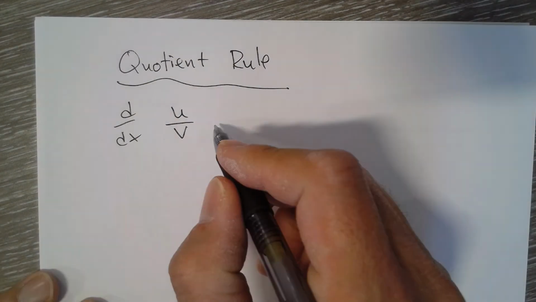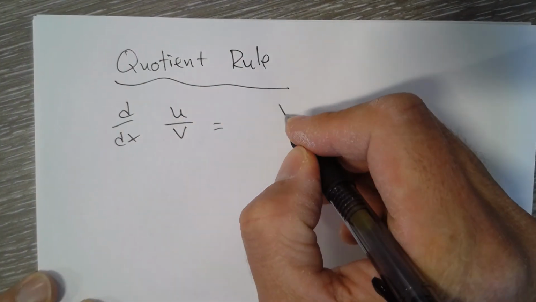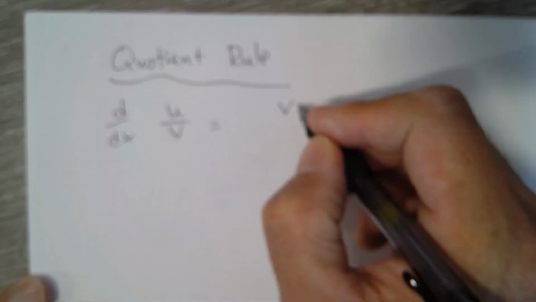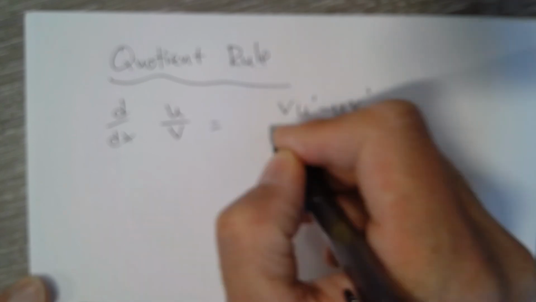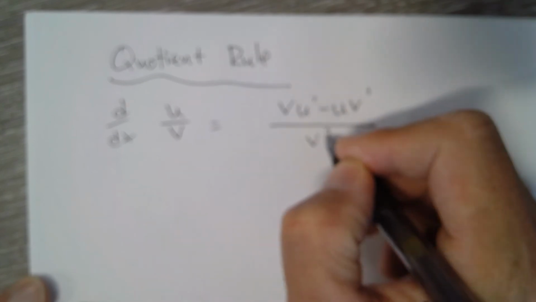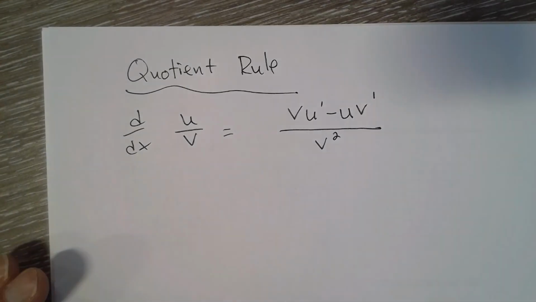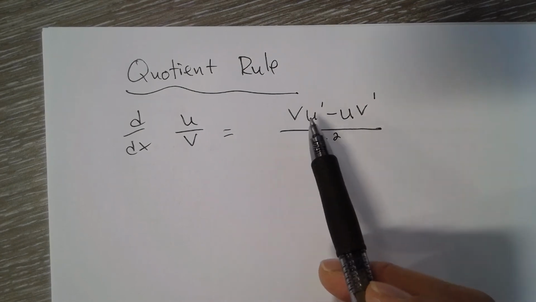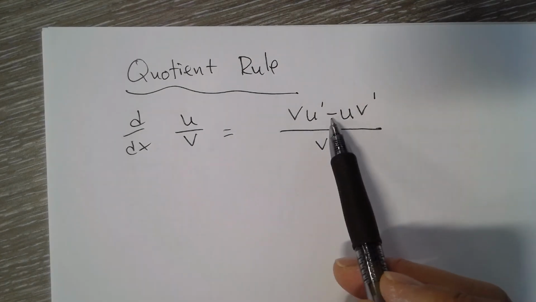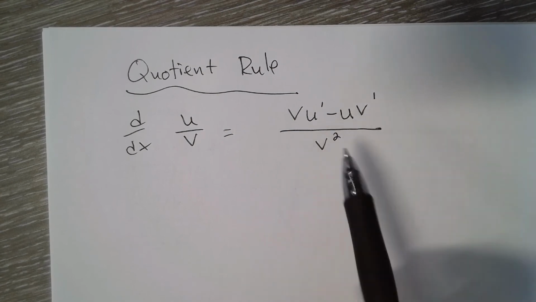But for our purposes right now, it's the bottom, which is v, times the derivative of the top, minus the top times the derivative of the bottom, all over the bottom squared. I will always say bottom and top because I think it's easier to remember that way.